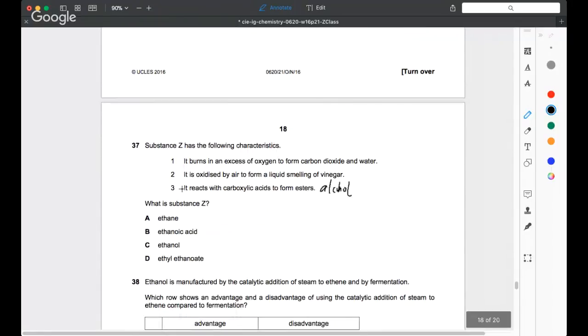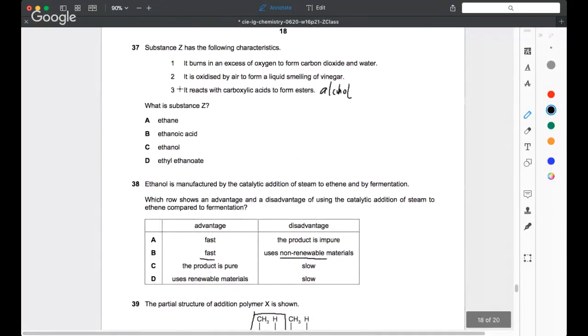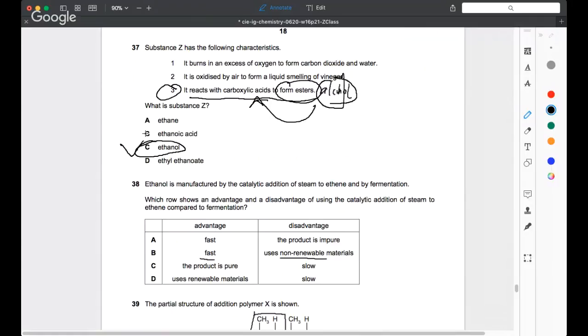Okay, number 37. The most important statement is 3. It reacts with carboxylic acid to form ester. We know that an alcohol group can react with carboxylic acid to form ester, so we are just looking for the alcohol group here. C is the only one which has an alcohol group. So C is the right answer.